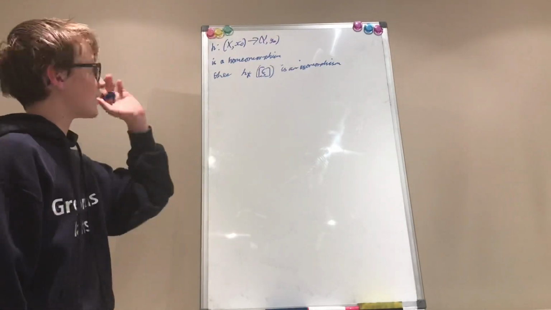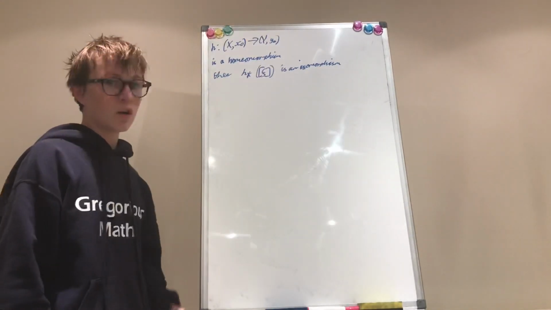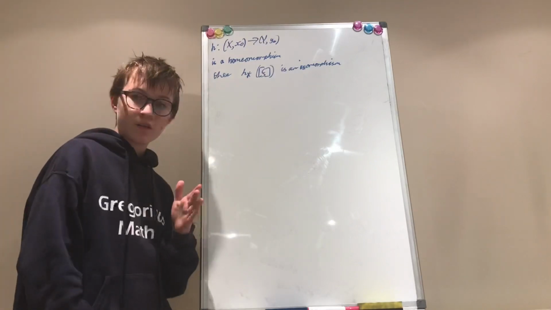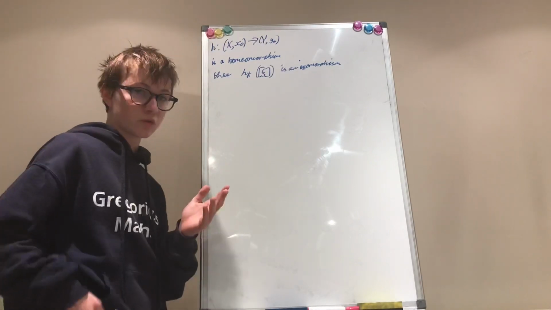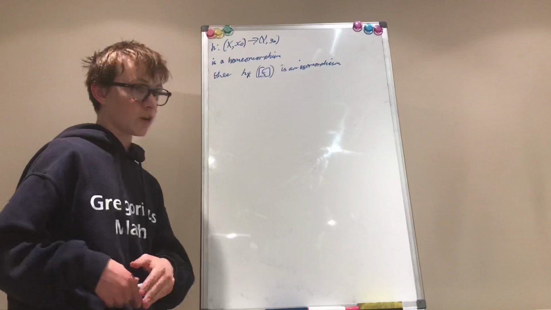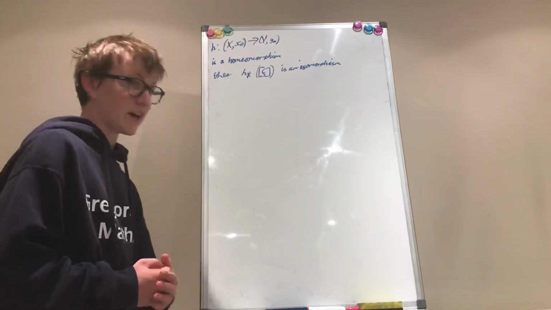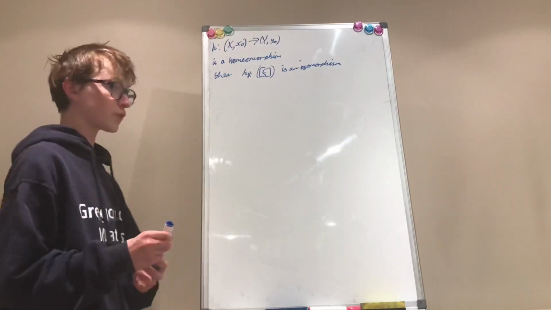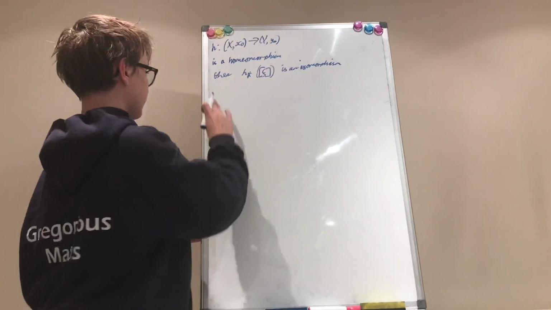Okay, and if this is true, well, then two topological spaces which are homeomorphic will have isomorphic fundamental groups. We still have to prove it, and this goes as follows.